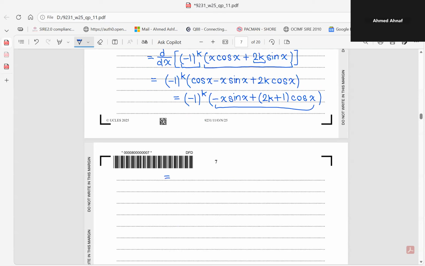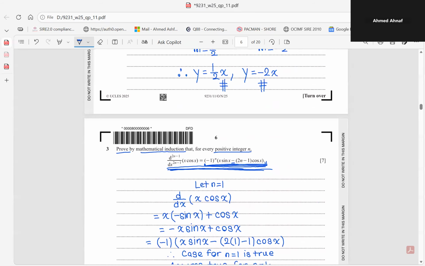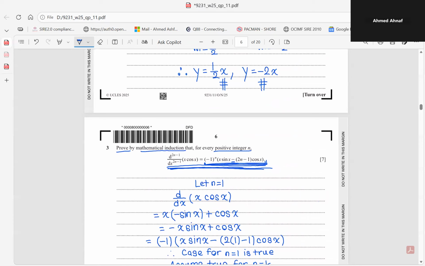Factorizing that, you get (-1)^k times -1, so that's just (-1)^(k+1) times x sine x minus (2k plus 1) cosine x. We're almost there. Yep, the n is replaced with k plus 1.